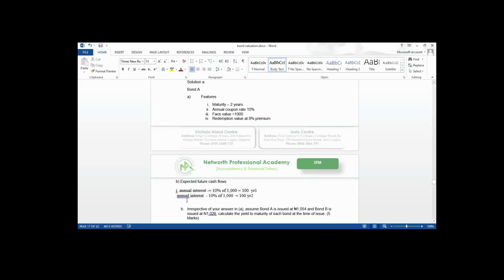You are getting the annual interest for year 1 to maturity. Then the redemption value at maturity. That is the expected future cash flow from the bond.